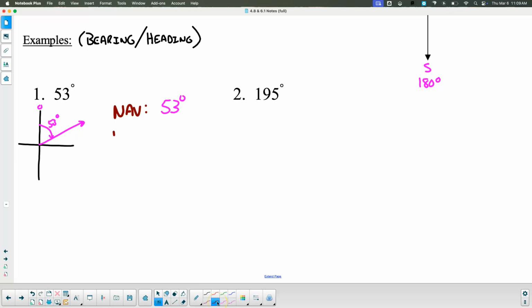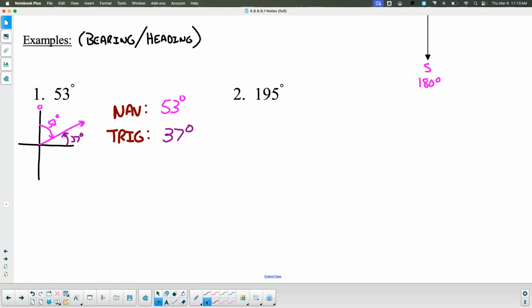What would the trig angle be for this particular angle? 37? Okay. The trig angle would start here and go back up. So this would be 37 degrees for a trig angle.